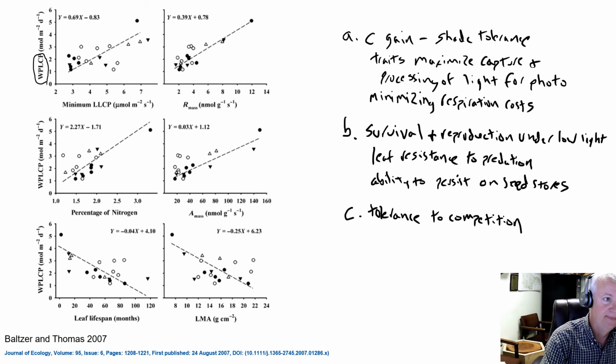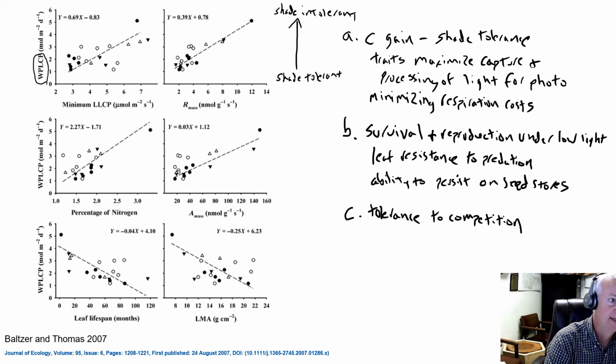So basically we're going from, at low light levels, shade tolerant, to shade intolerant on all of these, on the y-axis of all of these graphs.